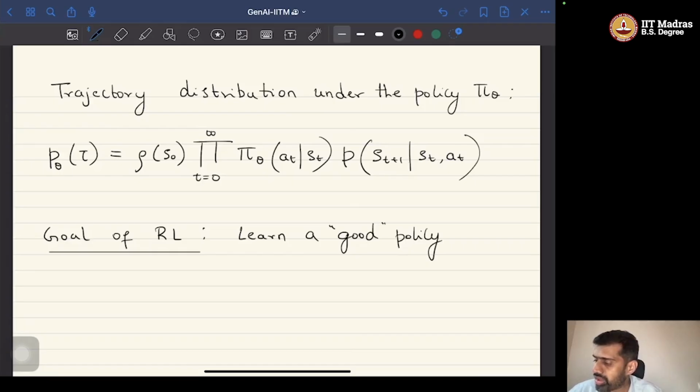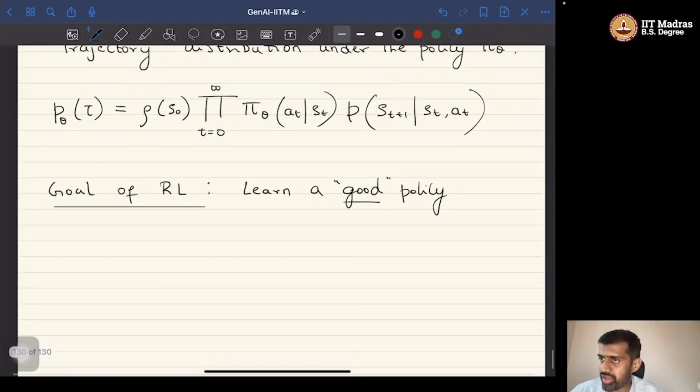The question is, how do we define what a good policy is? To do that, we'll have to define another quantity which is called the discounted reward, or discounted return, for a trajectory.